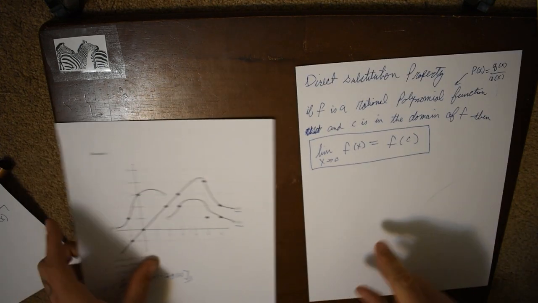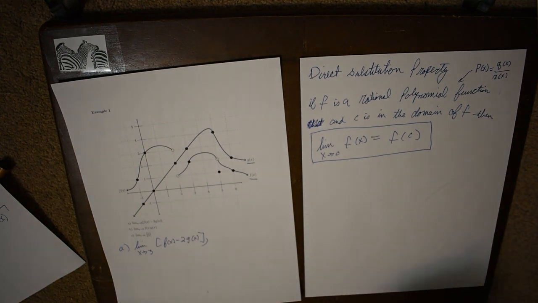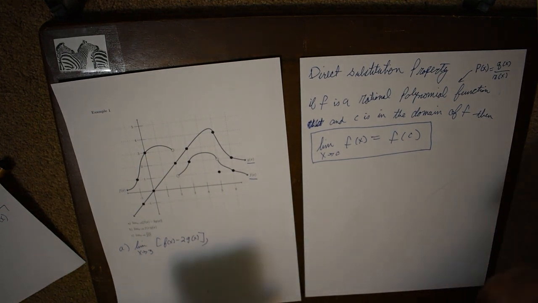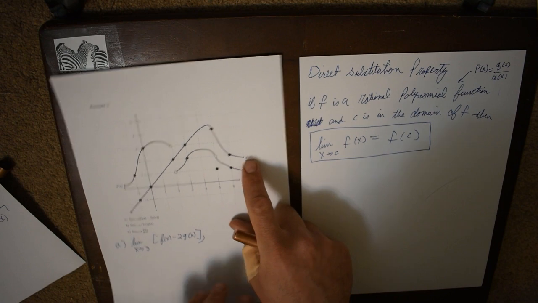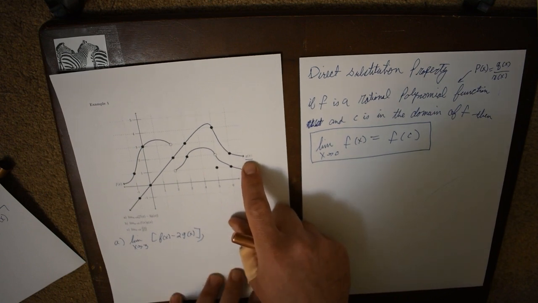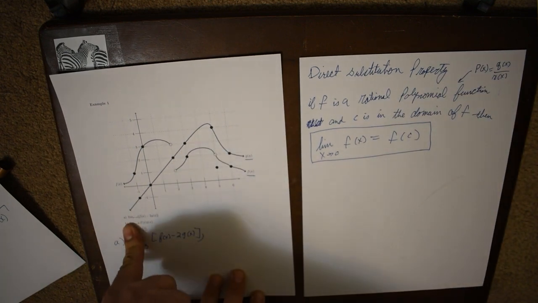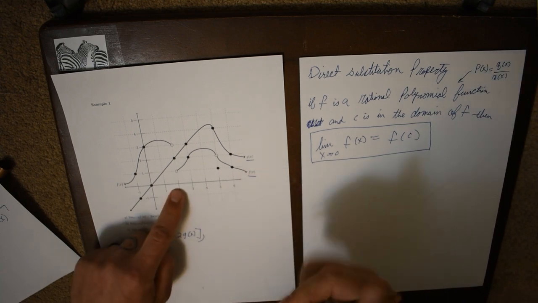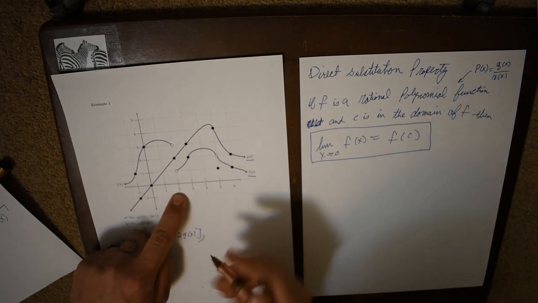So let's look at a picture. Here's a picture of what's going on. So g of x is some polynomial function. And if you look, 2 is in the domain of g of x.